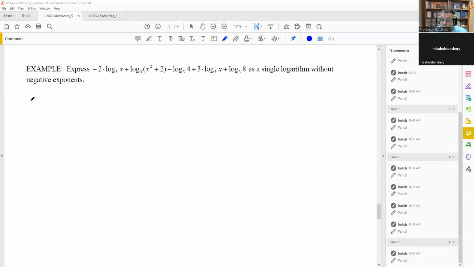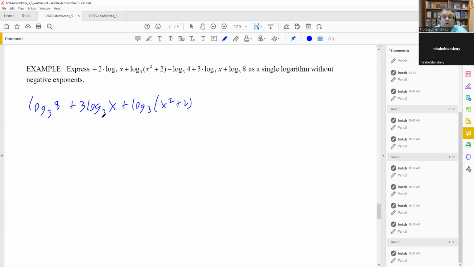So I'll just start from the end. There's a log 3 of 8. That's positive. This next one is a 3 log 3 of x, that's positive, and then this one here, log 3 of x squared plus 2. Those are all positive.